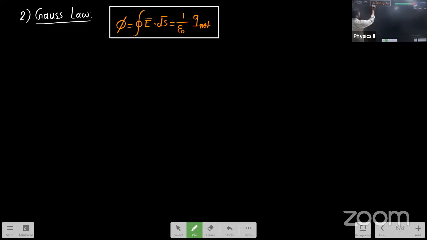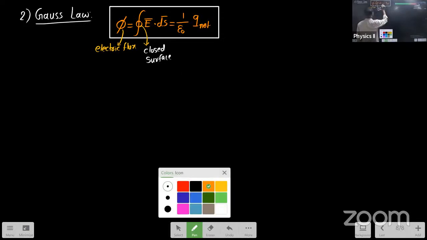This symbol is called electric flux. And we know that this circle represents a closed surface. What is the name of this symbol?